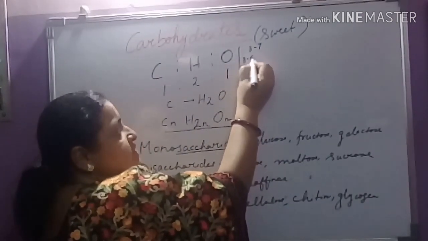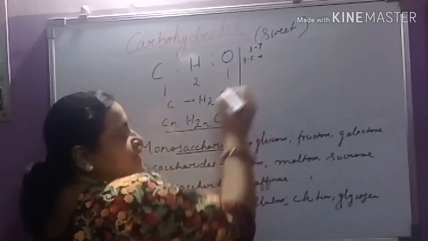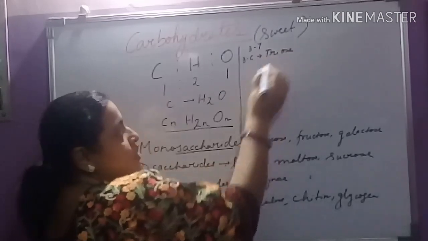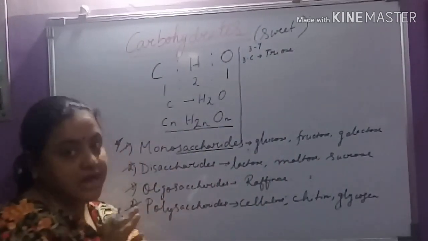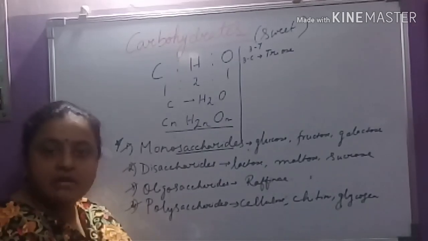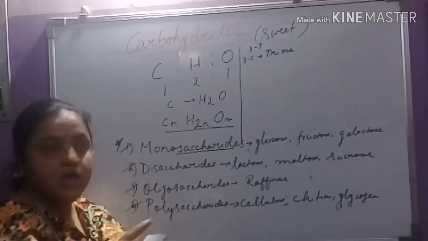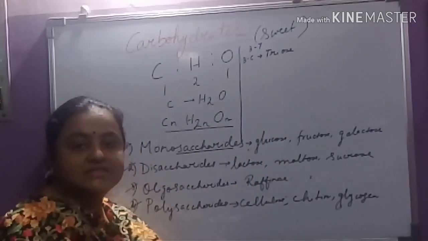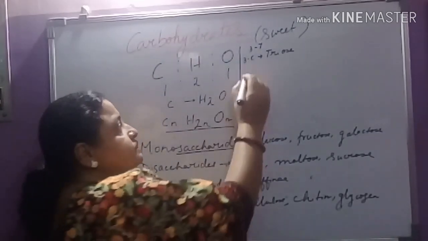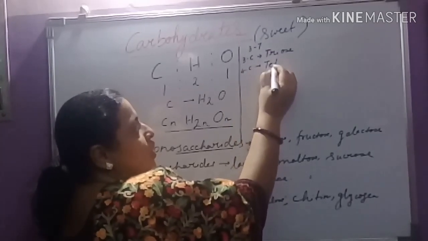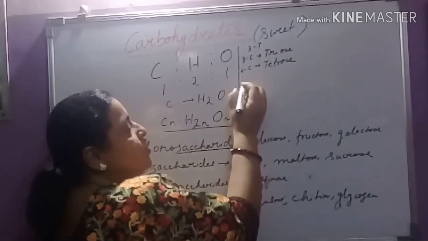When the carbon number is 3, that compound is known as a triose sugar. So we are talking about the monosaccharides now. Okay, in monosaccharides the number of carbon, I again mention, ranges from 3 to 7. When the carbon number is 3, such sugar is known as a triose sugar. When the carbon number is 4, that sugar is called a tetrose sugar.